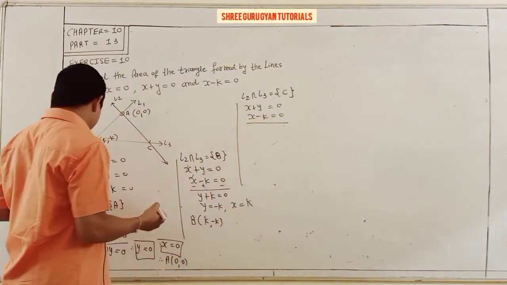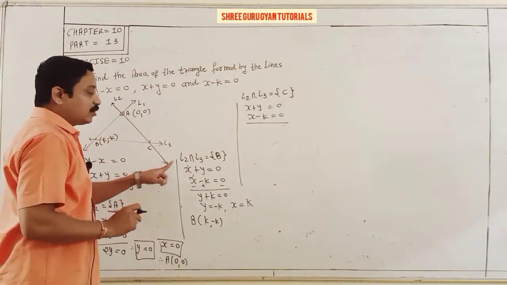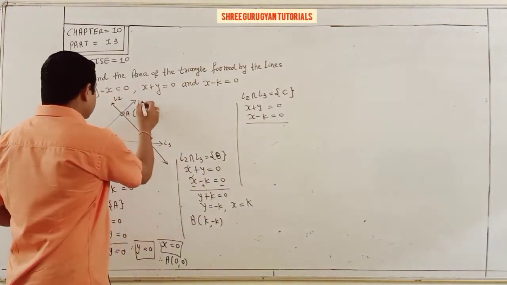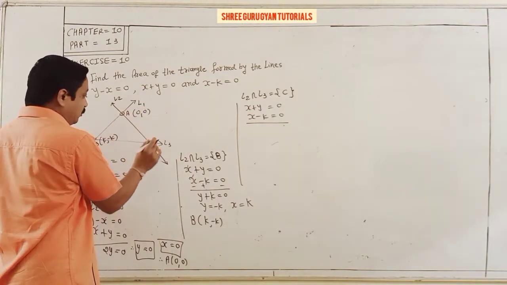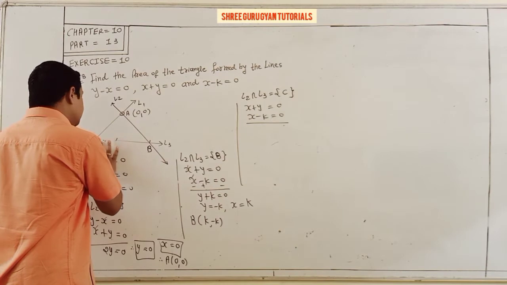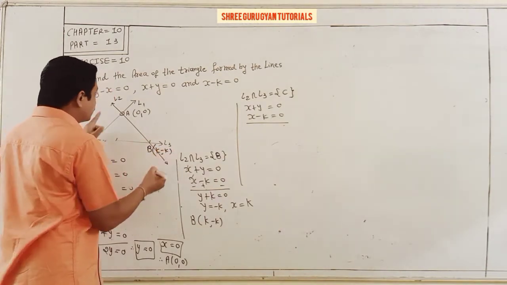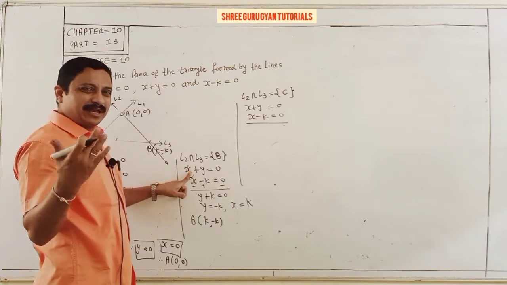Sorry students, my mistake. Here L2 and L3 I already took as the B point, by mistake I wrote that. B is k comma minus k because here L2 and L3 are mentioned. Don't worry.